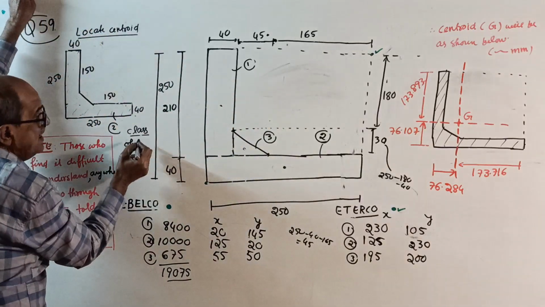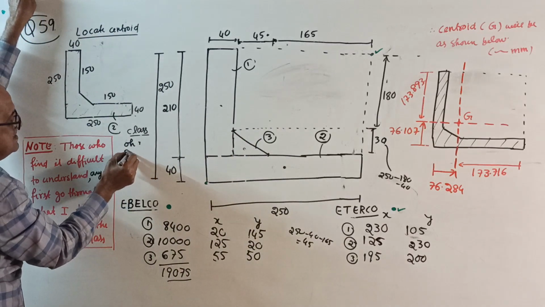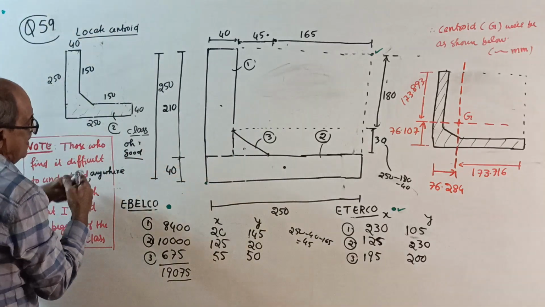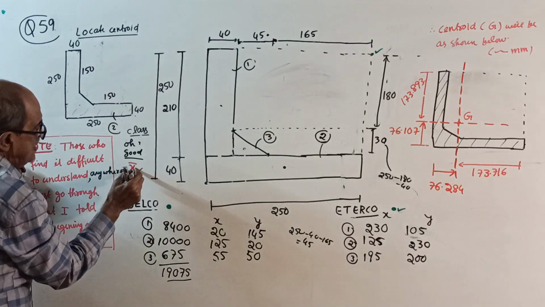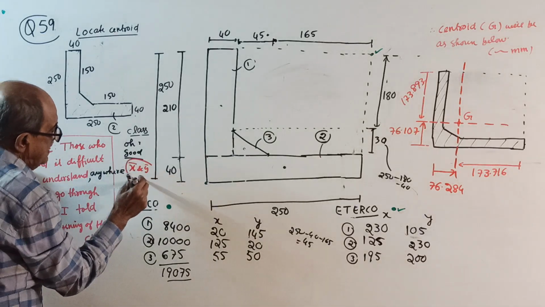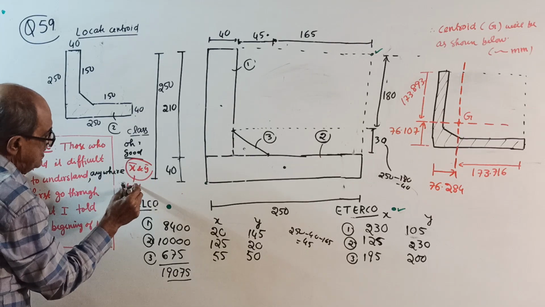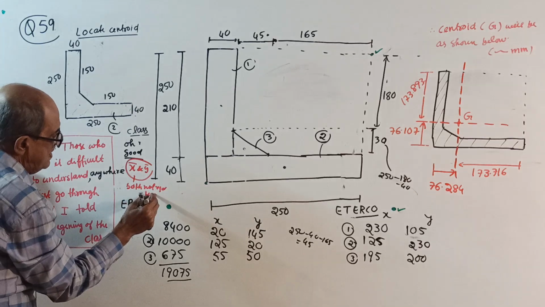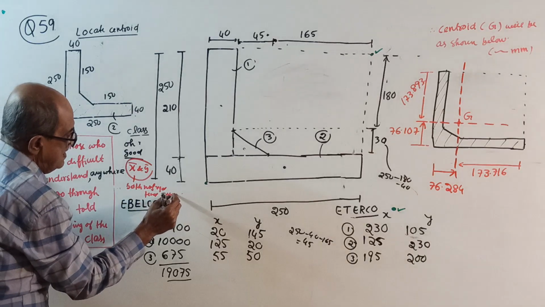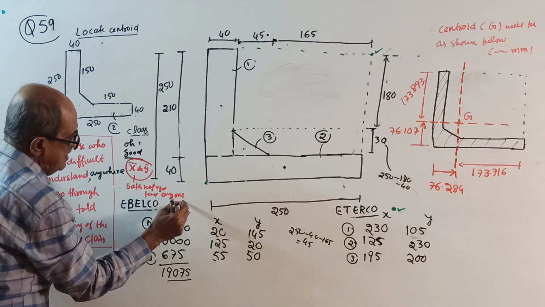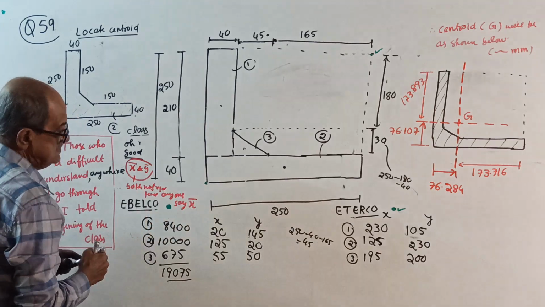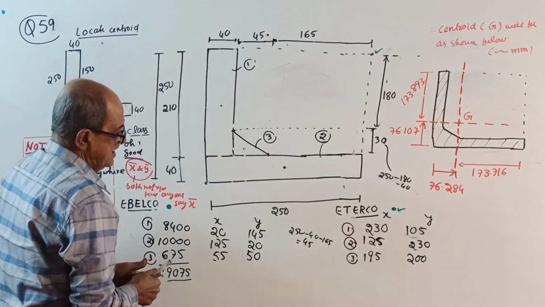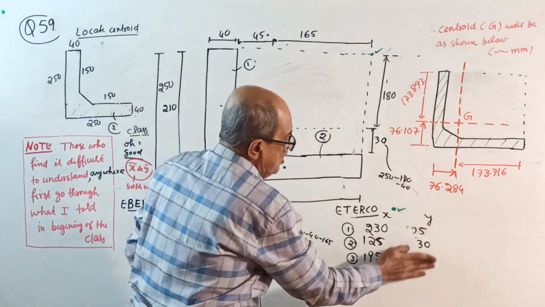Therefore, good advantages, x bar and y bar both not required. Find anyone, say we will find x bar. So this time today, this question, y is not there.